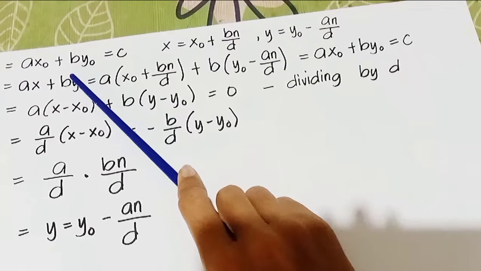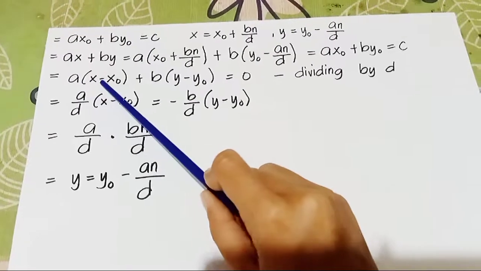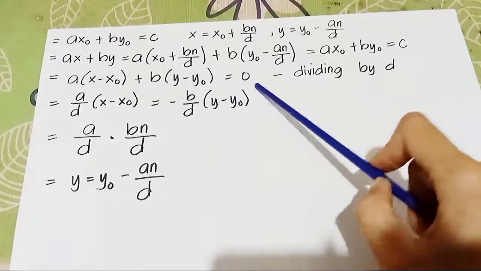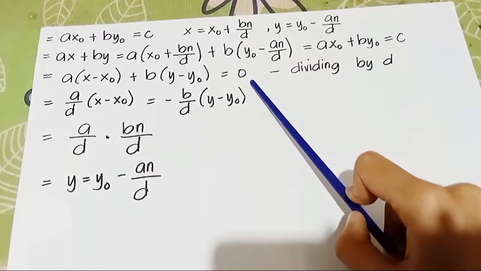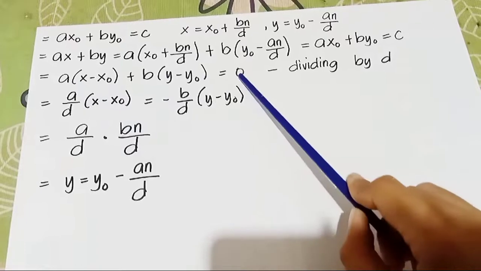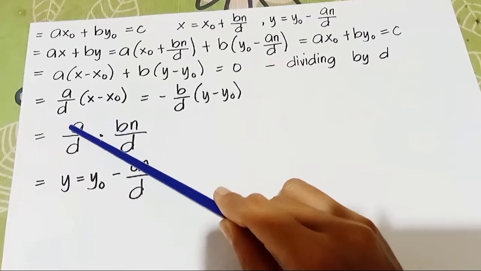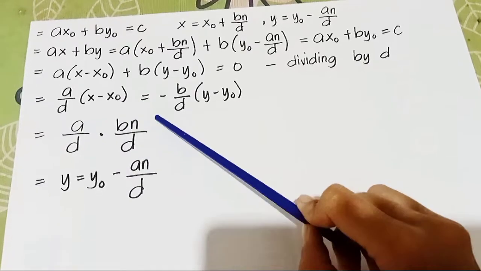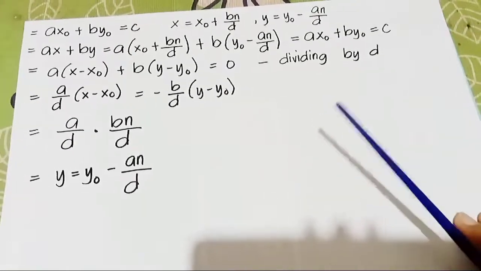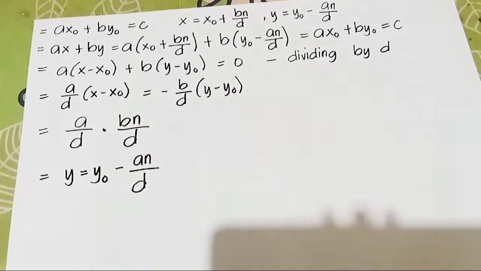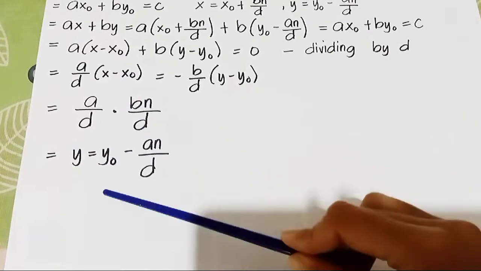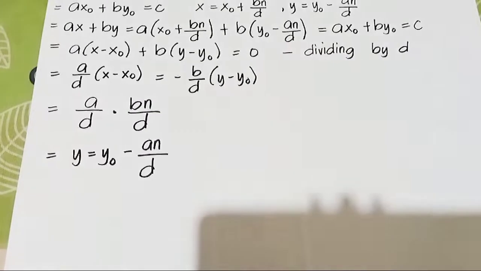So ax + by = c, so a times the quantity x - x0, plus b times the quantity y - y0, equals 0. If we divide both sides of this equation by d, we get a/d times (x - x0) equals negative b/d times (y - y0). So we get a divides b/d times (y - y0).